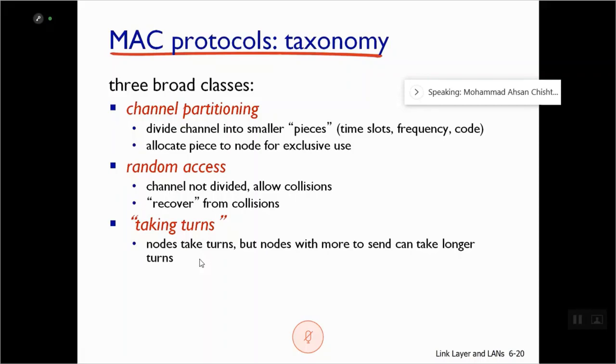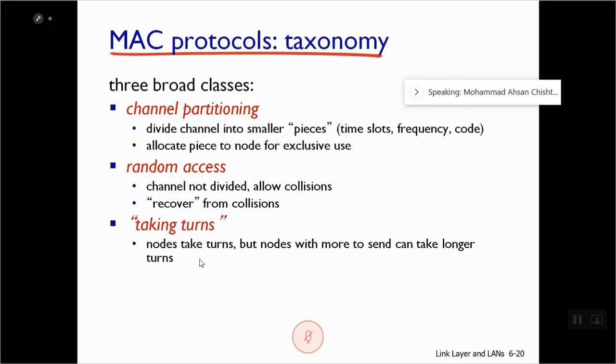In this, you divide a channel into smaller pieces, like time slots or frequencies. Each node that wants to transmit sends a piece of information or a frame during its slot, or you divide it based on frequency and so on.